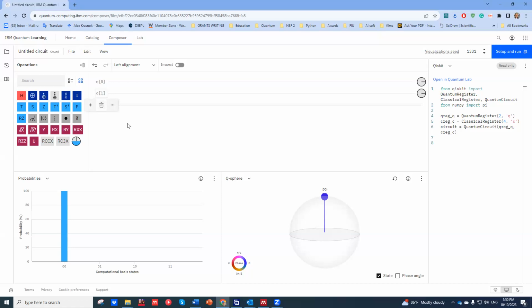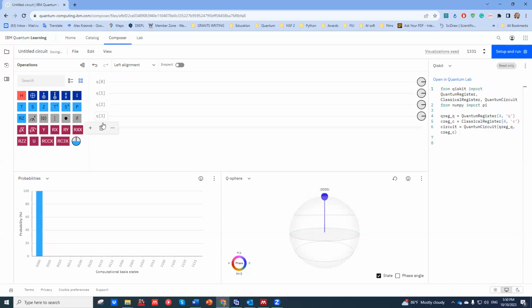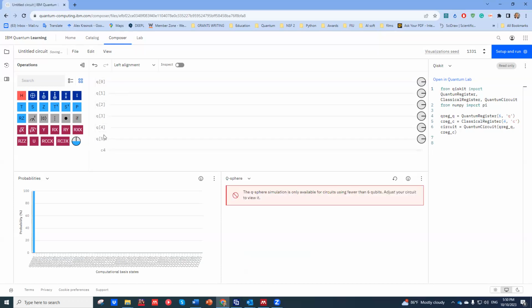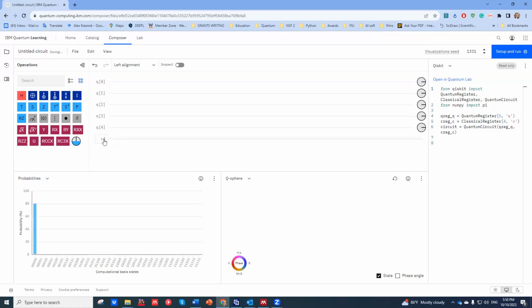So first of all, in this window with Q0, Q1, we can add more lines here. Each line represents a qubit. So Q0, Q1, Q2 are different qubits.